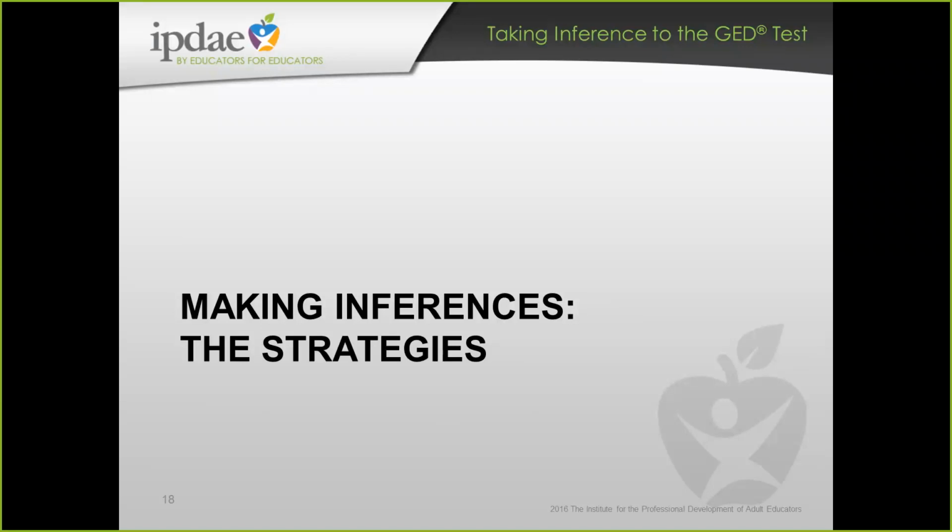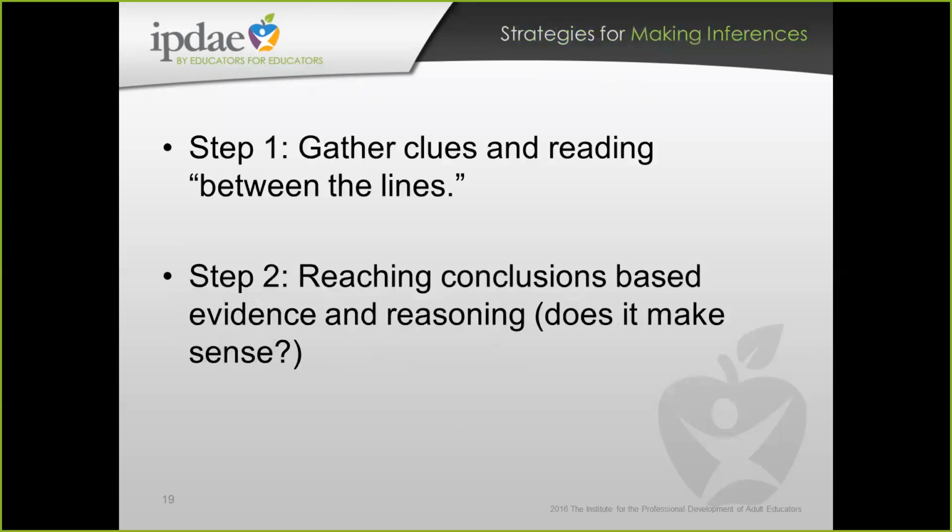Because bottom line, if our students don't start making inferences at that lowest readability level, if they don't employ good, strong strategies, they're going to have a very difficult time when they get into more complex text, complex graphics, because a good strategy is really a good strategy. So we should be able to help all levels of students gather clues and read between those lines, and we should be able to help them reach conclusions based on evidence and reasoning.